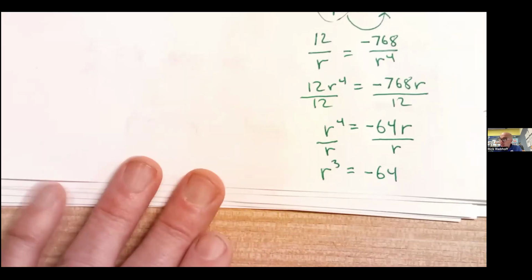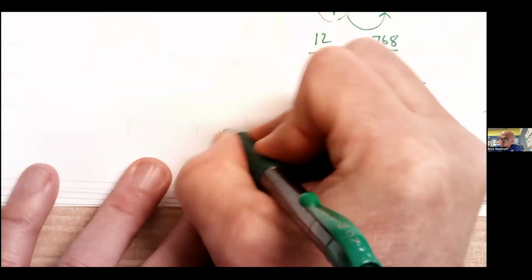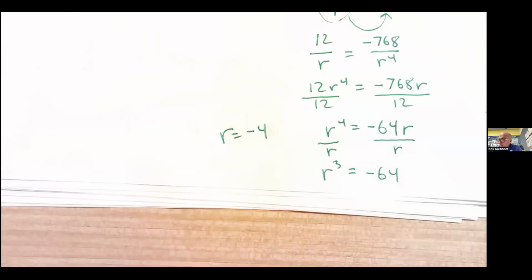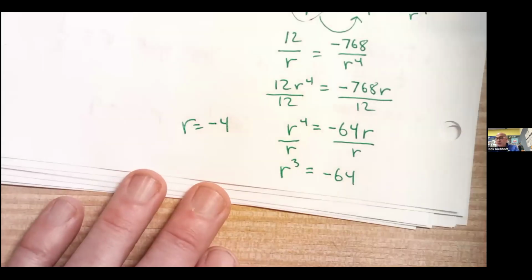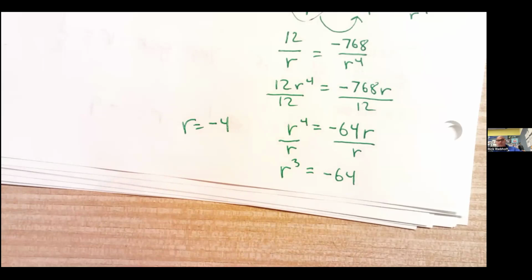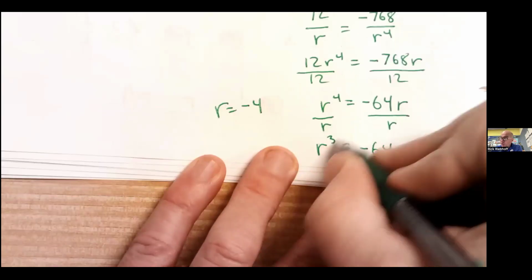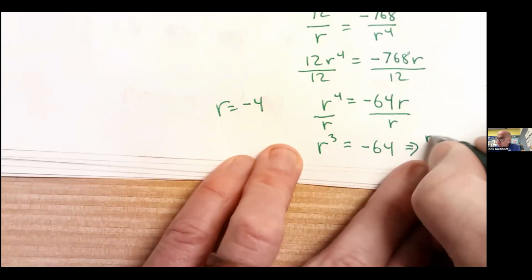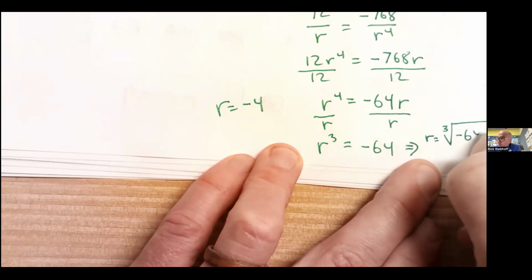Some of you may know this: r is equal to negative 4. If you don't know it, you can use your calculator. Remember, to solve this you would cube root both sides, so r is equal to the cube root of negative 64.